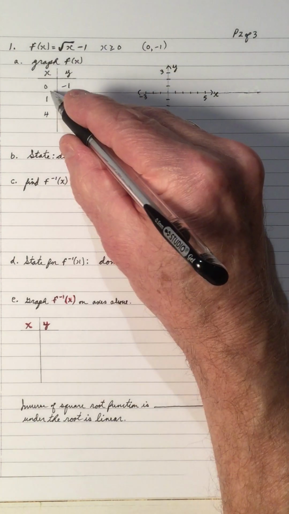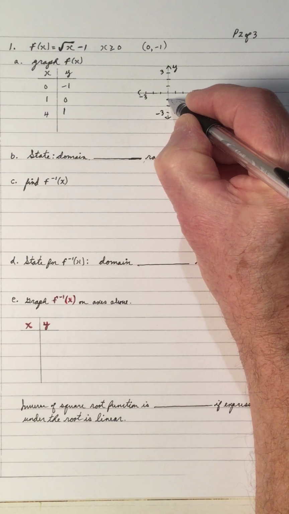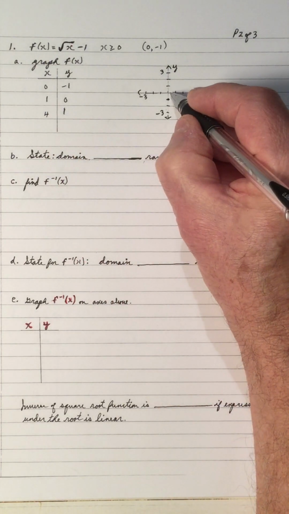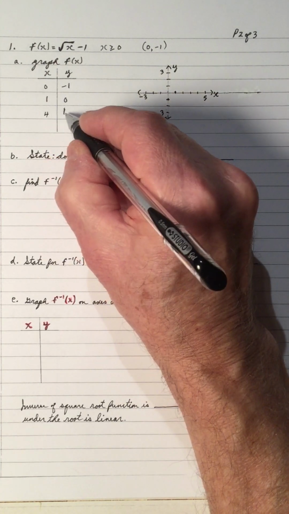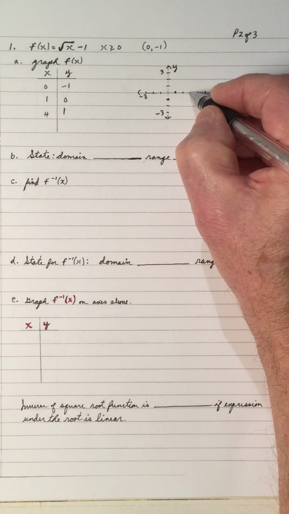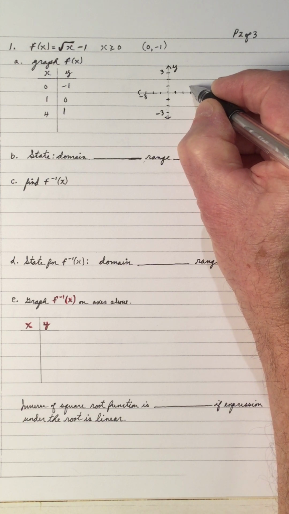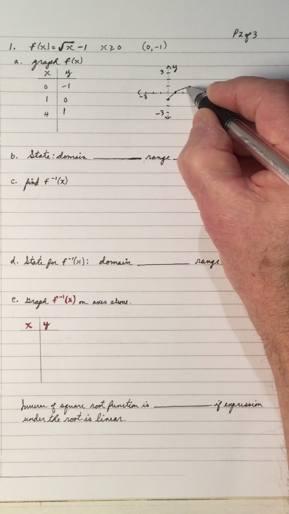Now graph that. So we have x is 0, y is negative 1, right there. We have x is 1, y is 0. And we have x is 4, y is 1. It's right there. So if we graph that, it's doing this.